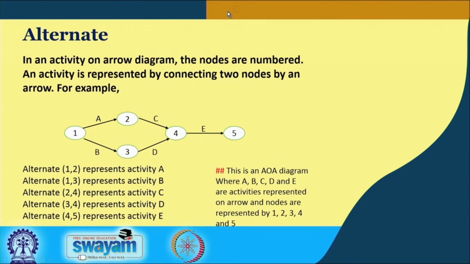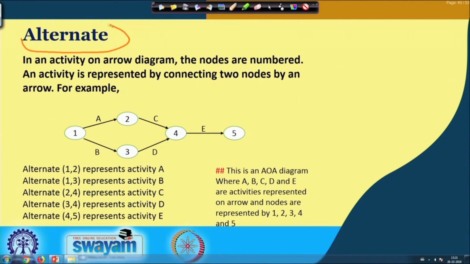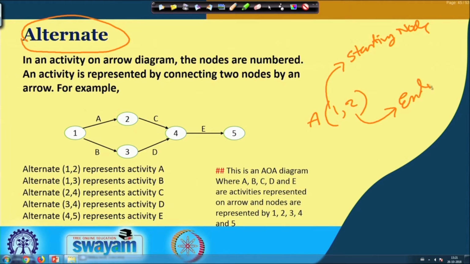Alternate is basically a form some people use to represent the activities differently. In this form, they represent activity A, where the first one represents the starting node number and the second one represents the ending node number.